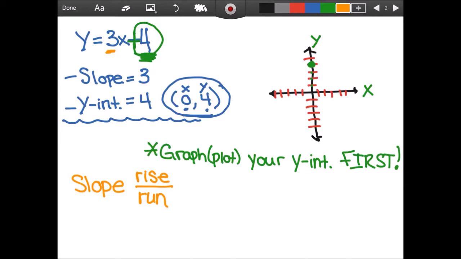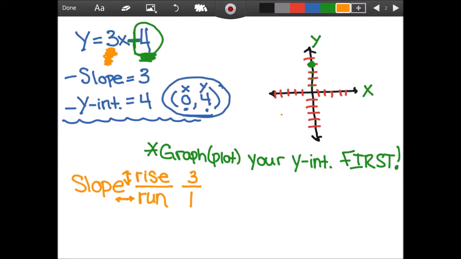So you're going to rise, which could also mean sink, up or down, depending on positive or negative. Positive is going to go up and negatives are going to go down, and then you run side to side, however many that is. So if you have a whole number sitting up here in this spot right here, you're going to put a 1 underneath it, because every slope needs to be put as a fraction before you can come over here to your graph.